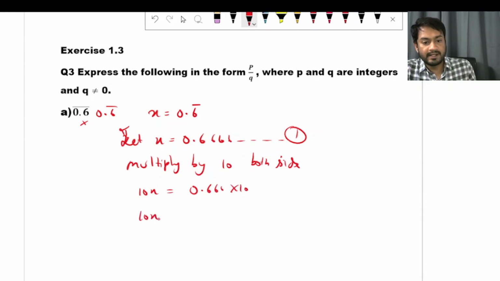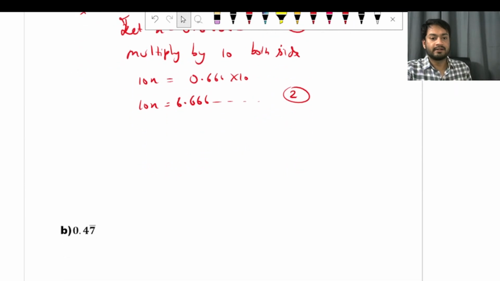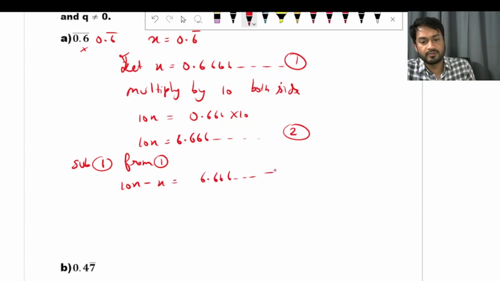So this will become 10x is equal to 6.666 dash dash, and this will be the second equation, right? Now you need to subtract first from second. So this will become 10x minus x equals 6.666 dash dash minus 0.666.